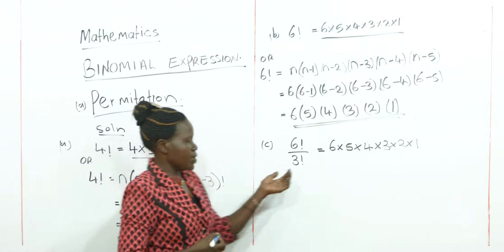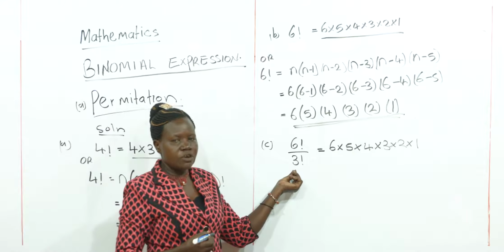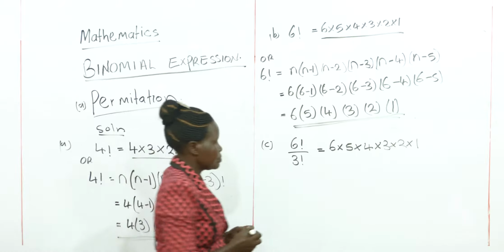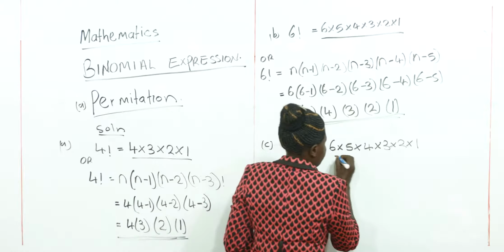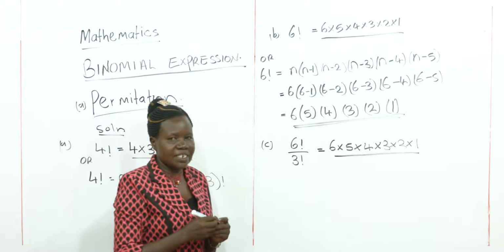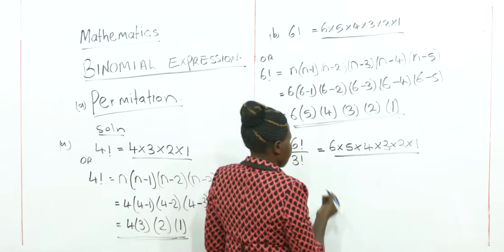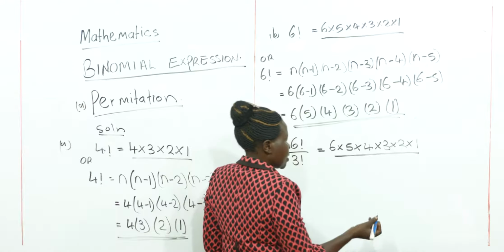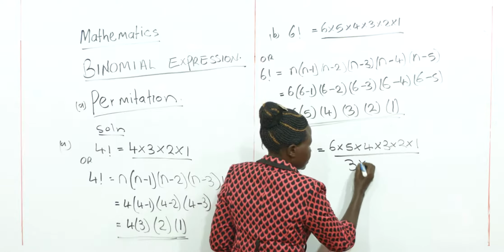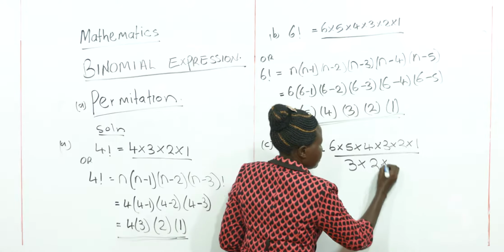And then when we come to the denominator, we are going to move 3 steps. So you say over 3 steps. How do you move the 3 steps? You can begin from ascending, or you go by descending. It will all still give you the same answer. 3, 2 and then 1.